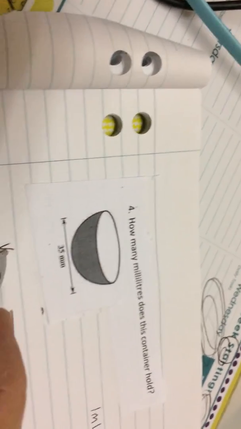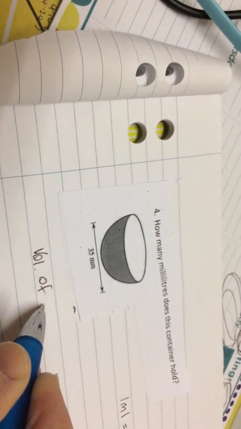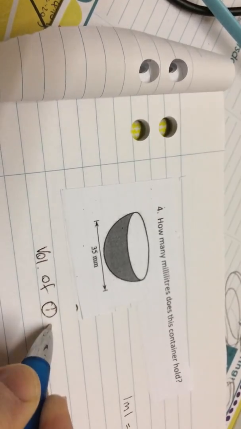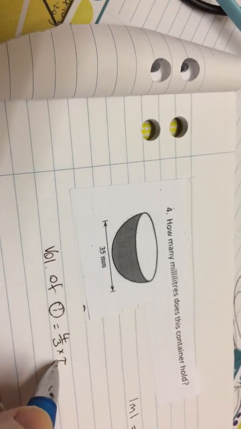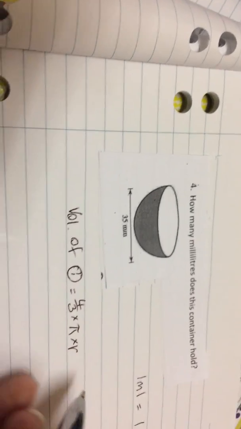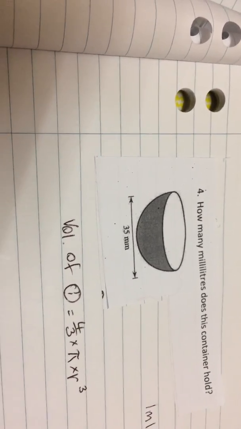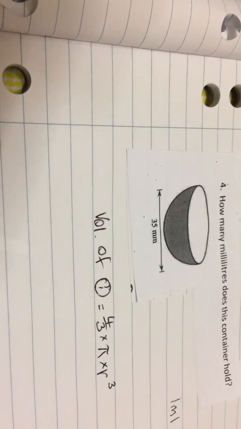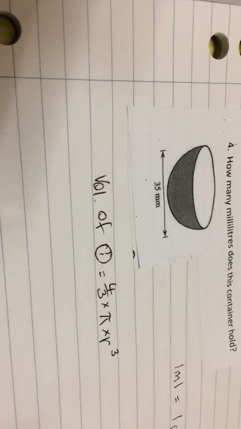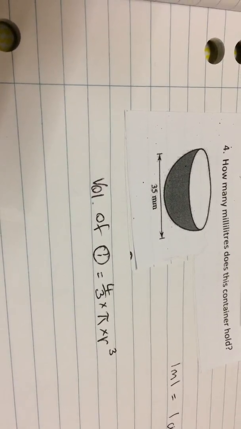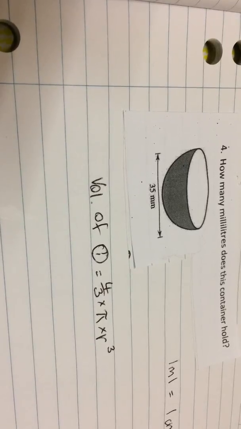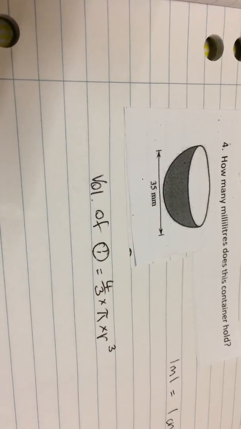Okay, so what is the volume of a half sphere? Well, the volume of a sphere equals 4/3 times pi times radius cubed. Now, I mentioned in another video that if you don't know your formulas, use flashcards and just whip through them, and ones that you don't know, put in a pile so that you go back over them.